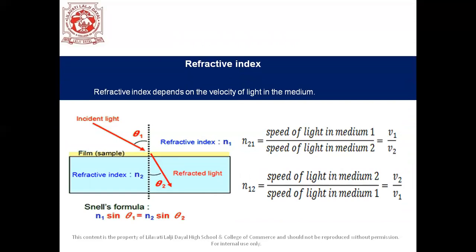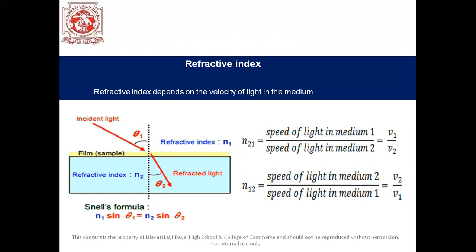The refractive index depends on the velocity of light in the medium. As I told you, if i is the angle of incidence and r is the angle of refraction, then sin i upon sin r is equal to the constant, which is Snell's law.